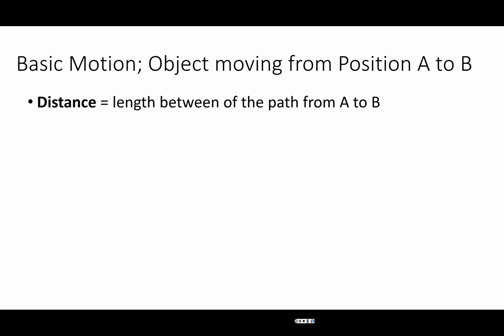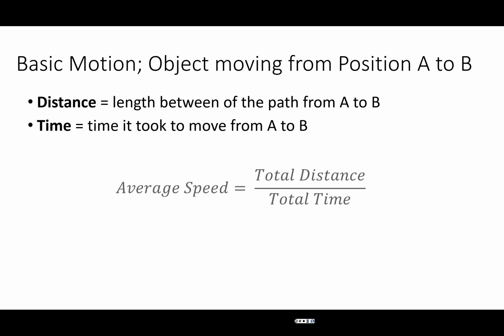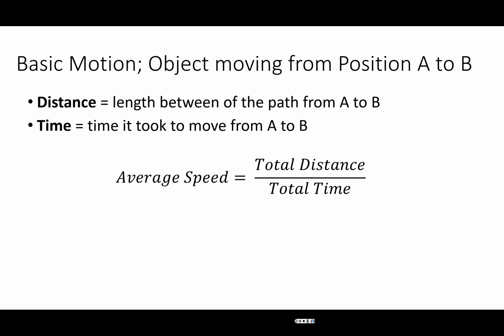Miles per hour. It is distance divided by time. Exactly. Speed is total distance divided by total time.